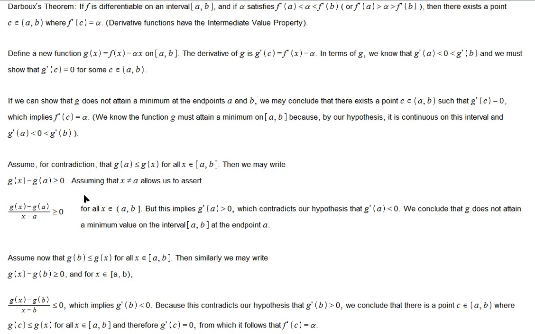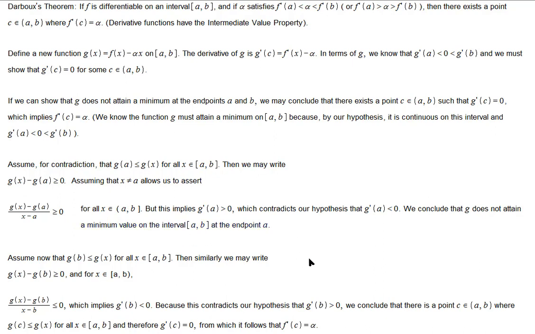And assuming that x is not equal to a allows us to assert that g of x minus g of a, divided by x minus a, is greater than or equal to 0 for all x in the same interval without including a. But if this is true for every x in this interval, then this implies that g prime of a is greater than or equal to 0, which contradicts our hypothesis that g prime of a is less than 0. We conclude that g does not attain a minimum value on the closed interval from a to b at the endpoint a.